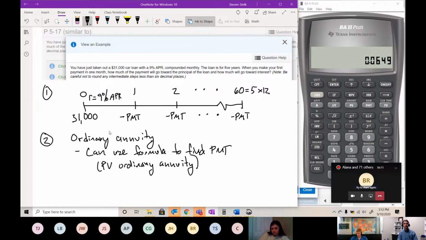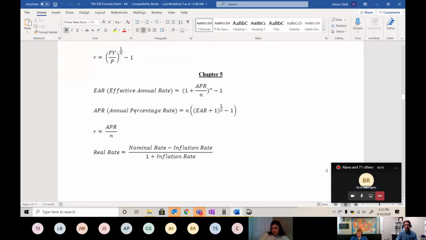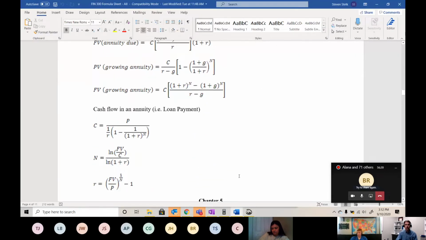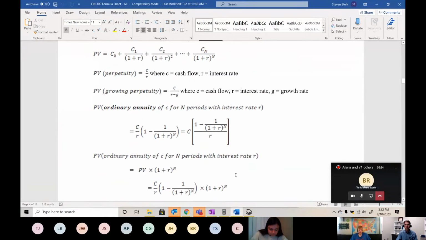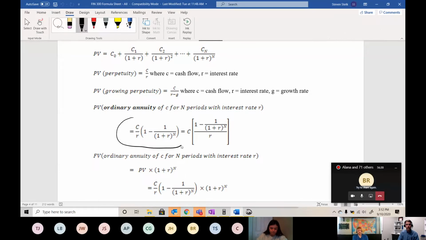And the reason we would use the present value of an ordinary annuity is because we're given the present value. If I click over to the formula sheet here for just a second, go up to the chapter 4 formulas. I've got the present value of an ordinary annuity right here. Since I know what the present value is, I can plug that in.